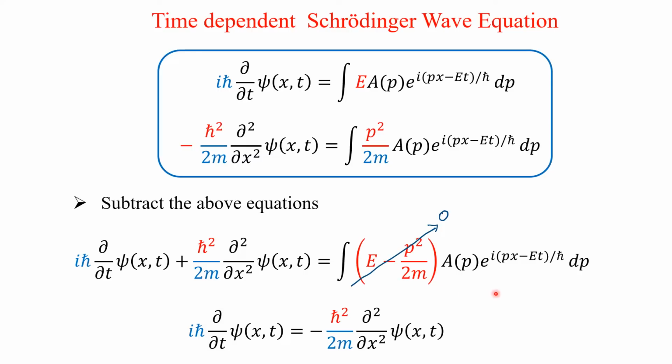So naturally the total integrand will become 0. Then if you bring the second term to the right hand side, you will get minus h cross squared over 2m partial 2 over partial x2 of psi of x comma t. So here on the left hand side you have i h cross partial over partial t of psi.